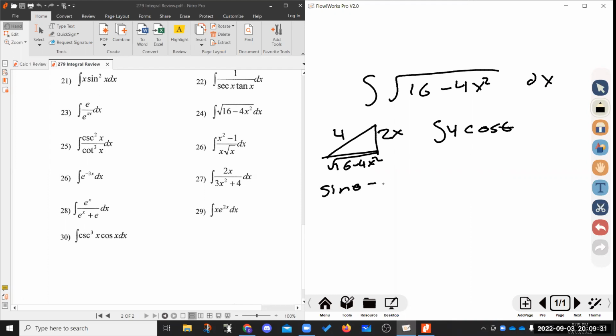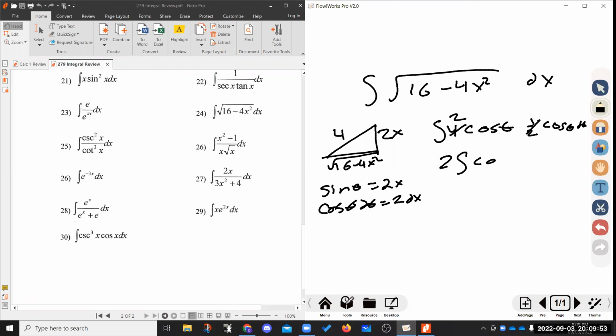Sine of theta is 2x. Cosine of theta d theta is 2 dx. Dx is 1/2 cosine of theta d theta. Half of 4 is 2.